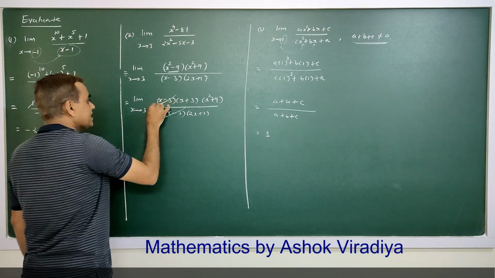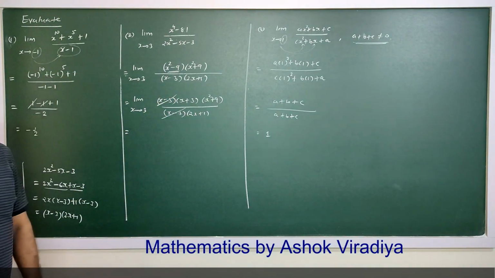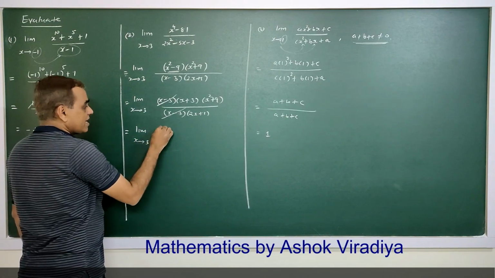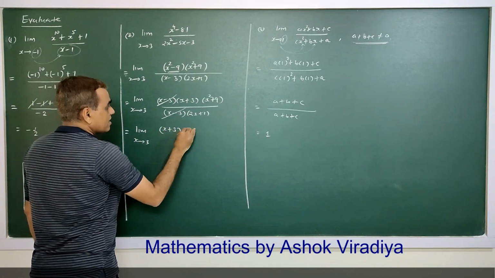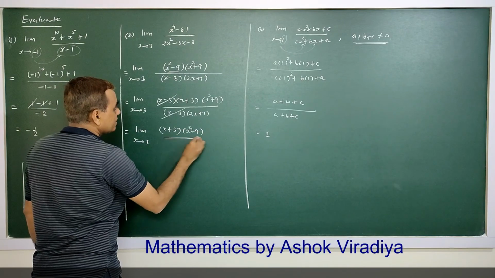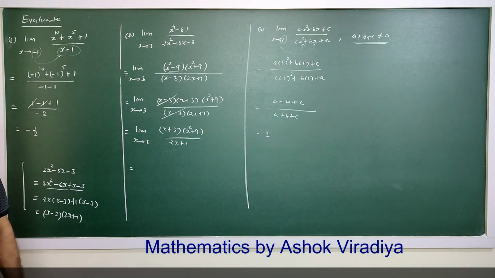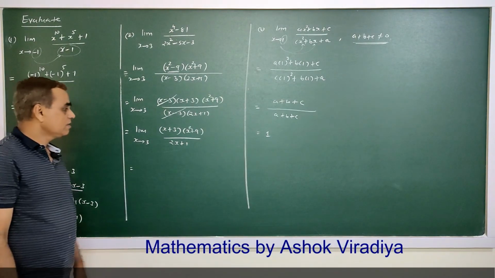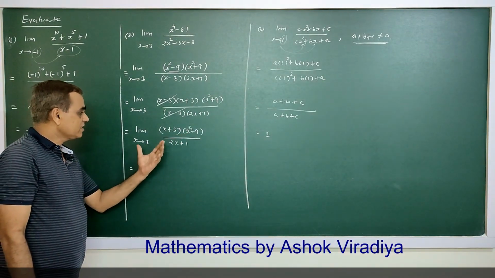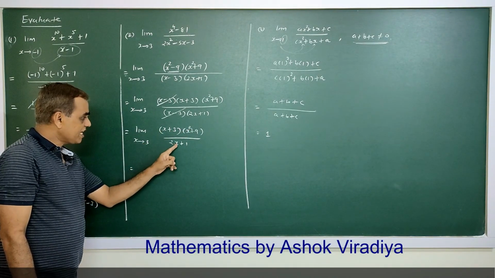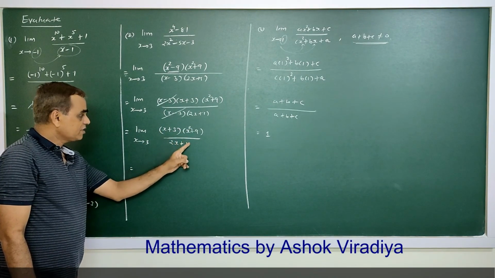So this will be cancelled. So what is left? x plus 3, x square plus 9 upon 2x plus 1. Now see, this is simple form. Now if you keep here x equal to 3, this will be non-zero.